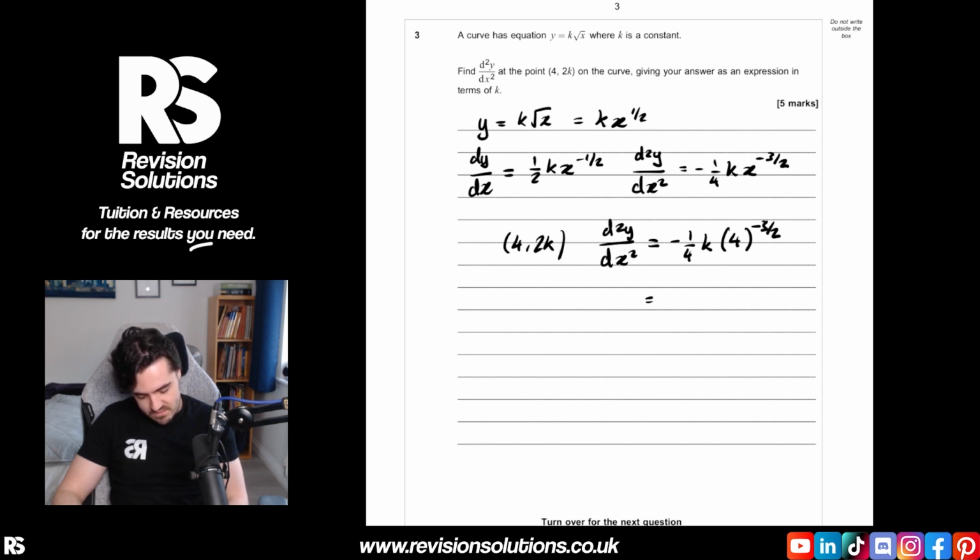The half implies a square root of 4, so that would be 2, and the minus 3 means it would be 1 over that cubed. So it would be times 1 over 2 cubed. 2 cubed is 8, and 8 times 4 is 32. So we'd have minus 1 over 32 k as our answer.